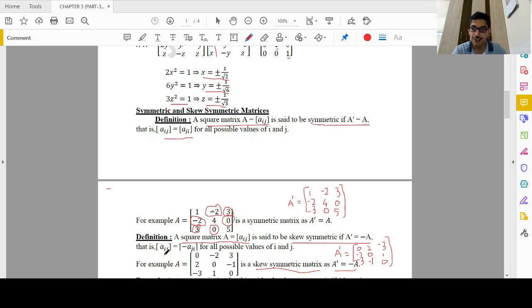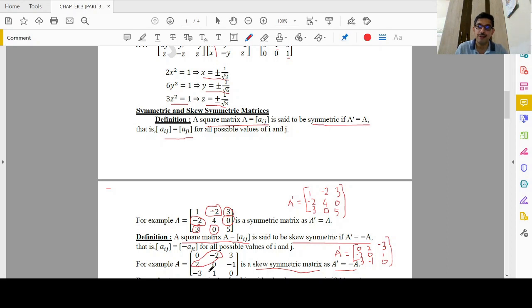So from here you can observe that, like in the case of symmetric matrices, the three pairs of elements, that is A12 and A21, should be negative of each other. So if A12 is minus 2, A21 should be plus 2.